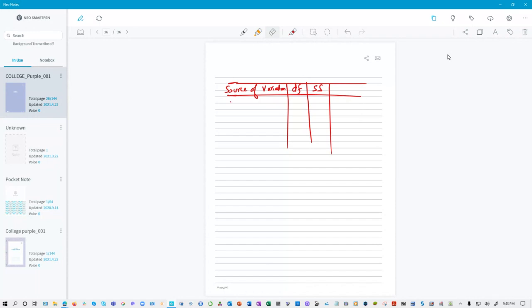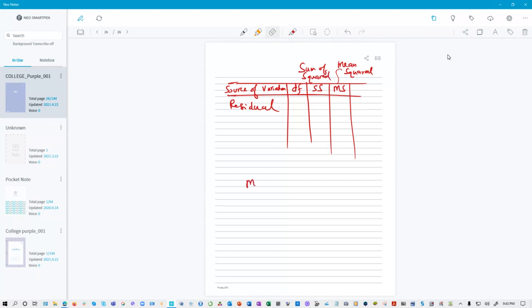Whose sum of squares? That's how we put the residual here. That's the only variation we have. And the other one is called MS, mean squared. This means mean squared residual. This means sum of squared residual.